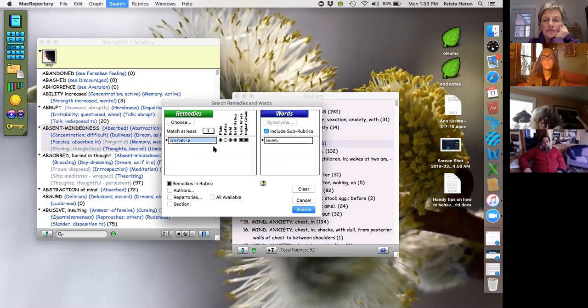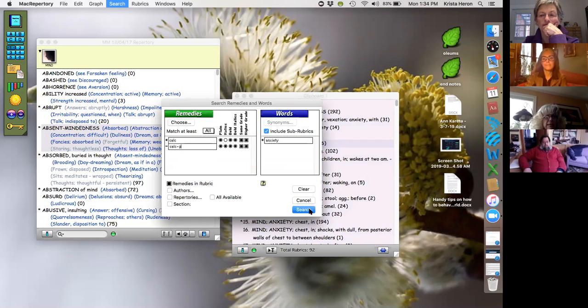And then we would be collecting all of those symptoms. But what I wanted to show you was that you can differentiate. So I can write calc-phos here, and I put a little minus sign. Good. And this will tell me all the rubrics that calcarea has for anxiety that calc-phos doesn't.